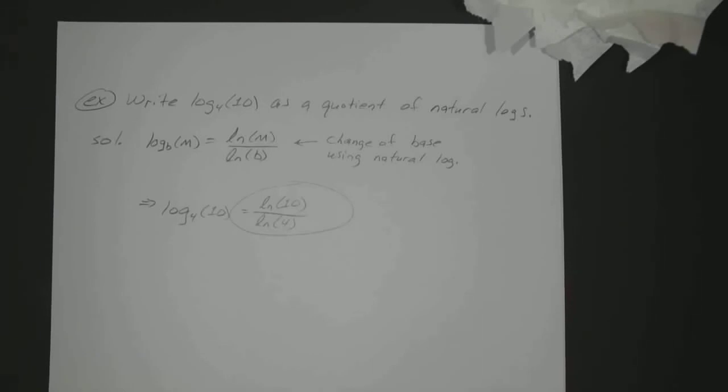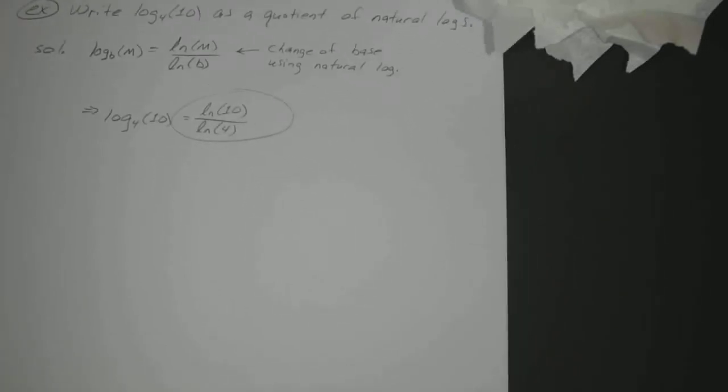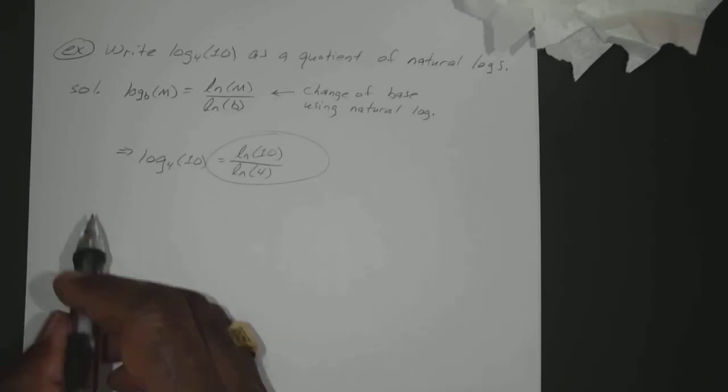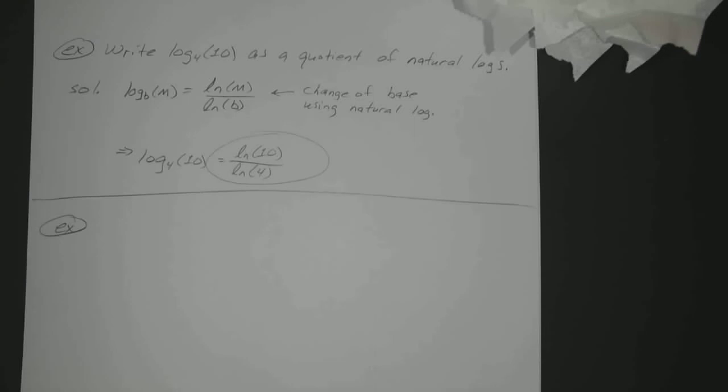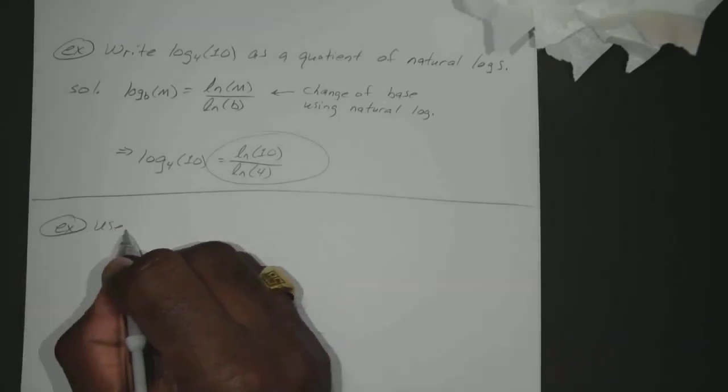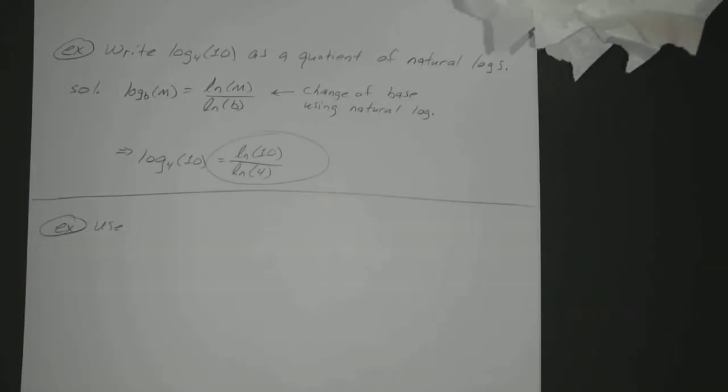Okay, so it's pretty straightforward. Okay, so what if we had the example, move that up a little bit. Use the, and this problem coming up you won't have on the exam because it requires a calculator, but you will have some on the homework.